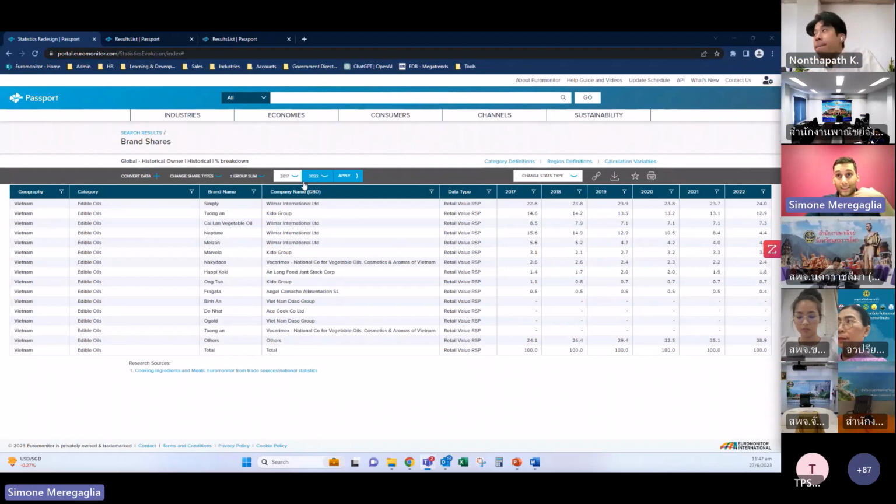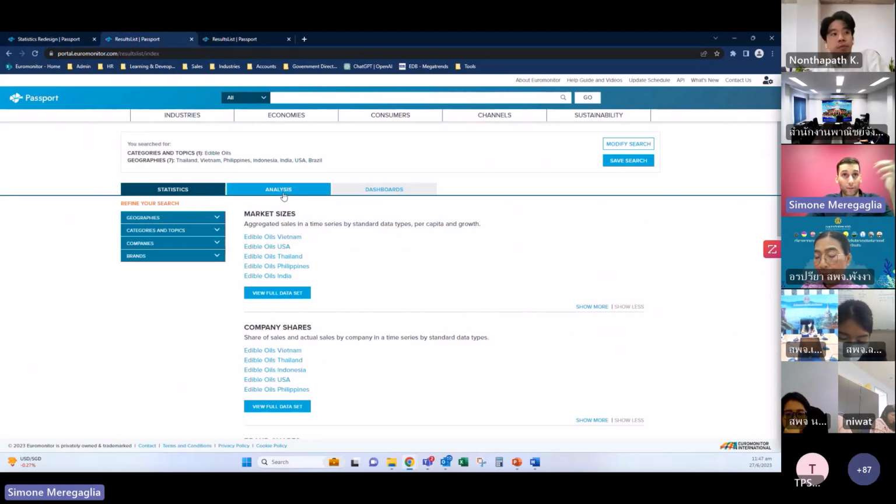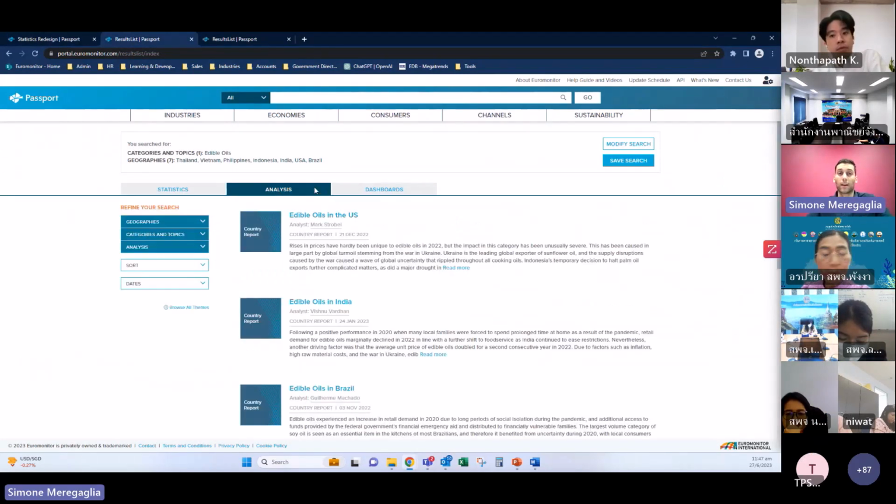Okay, so this is the statistics part, which gives us the idea of the numbers. And then, as I said, there are 3 pillars, right? So there's also analysis. How I like to understand this is statistics give me an idea of the what is happening in the market, and analysis gives me an idea of why it is happening.